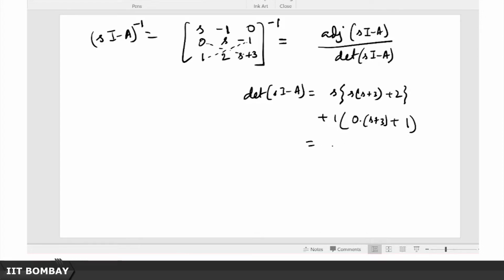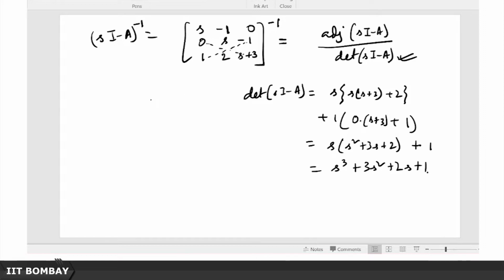So what we have then is s times s squared plus 3s plus 2, plus just this 1 here, that gives us s cubed plus 3s squared plus 2s plus 1. So we already have this determinant evaluated.